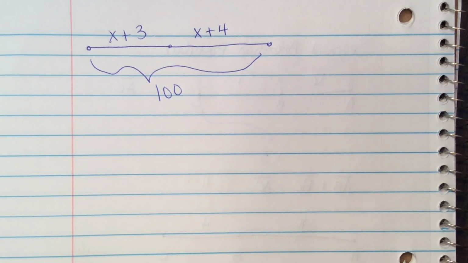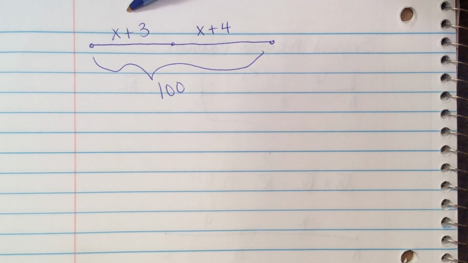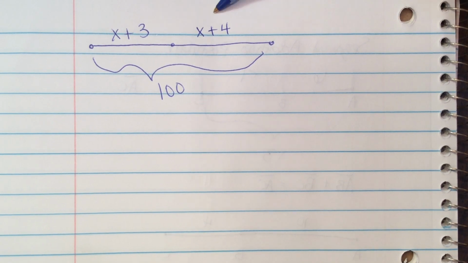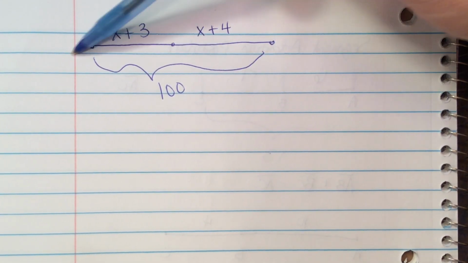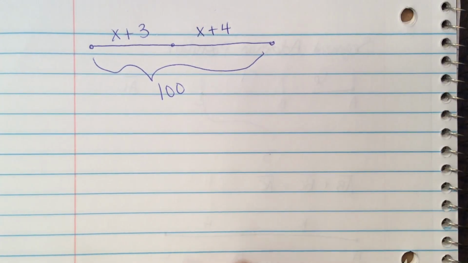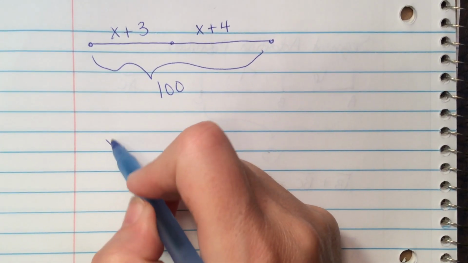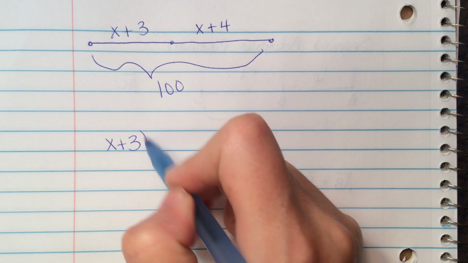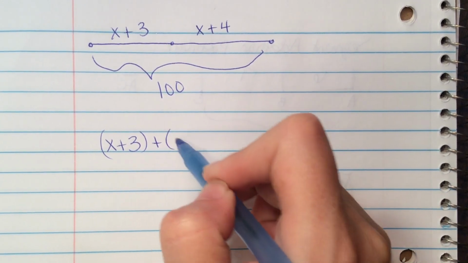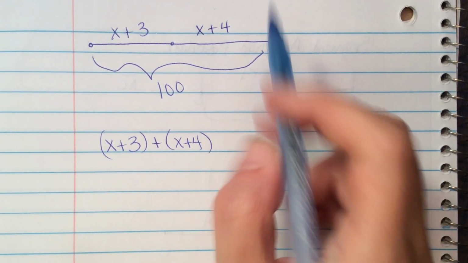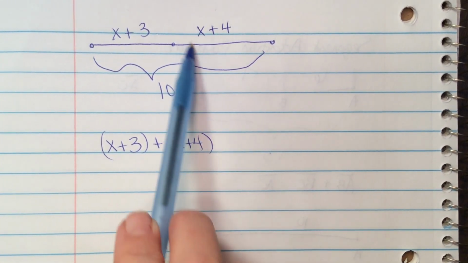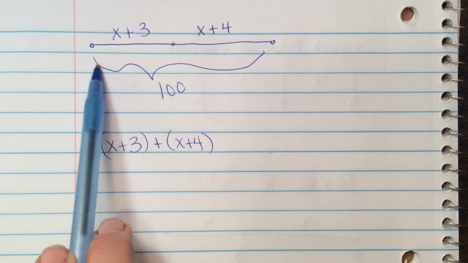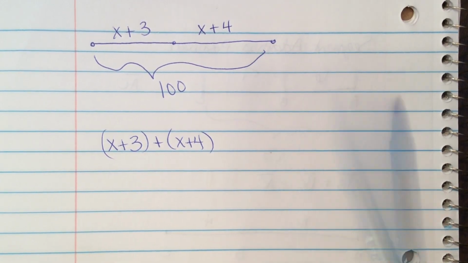Well, if we take this segment and add it to this segment, it'll equal the entire segment. So we're going to take x plus 3 plus x plus 4, this portion plus this portion, and we're going to equal the whole thing.